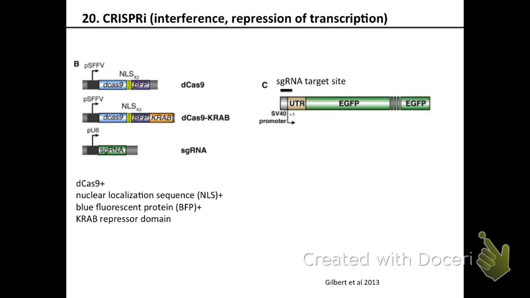Next, they also cloned a reporter gene. Instead of targeting a specific gene in the genome, they want to show that this can work as a proof of principle. So they made a plasmid that contains a reporter gene.